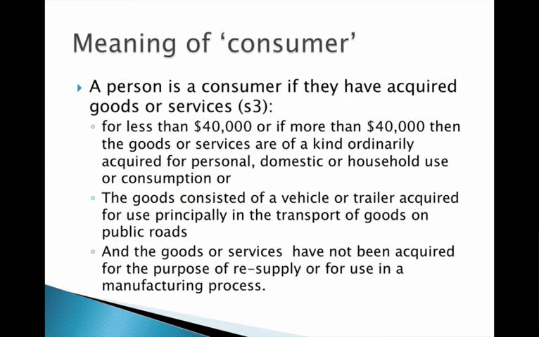Or the goods consisted of a vehicle or trailer acquired for use principally in the transport of goods on public roads. So if you buy a car or trailer primarily to transport goods on public roads, then that's going to be covered. But, and here's the big but, the goods or services have not been acquired for the purposes of resupply or for use in a manufacturing process.